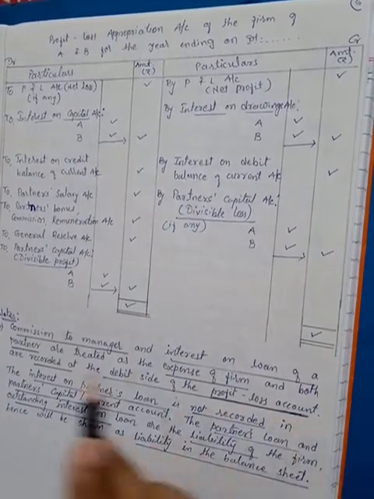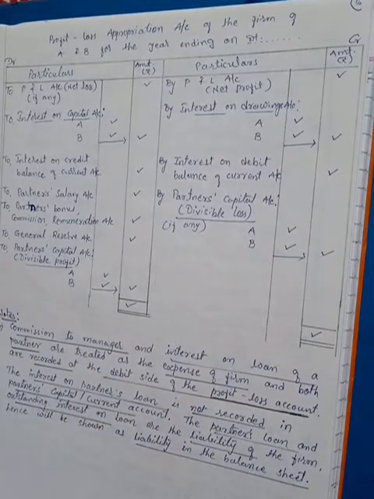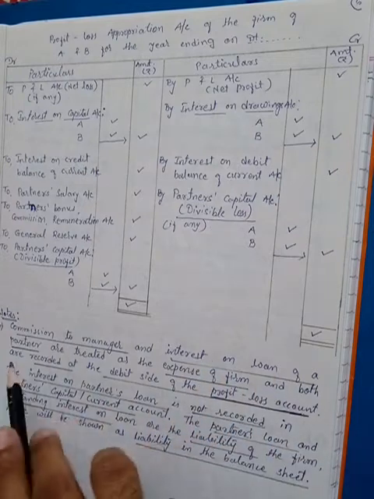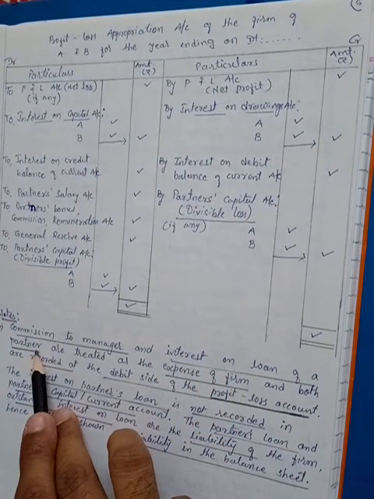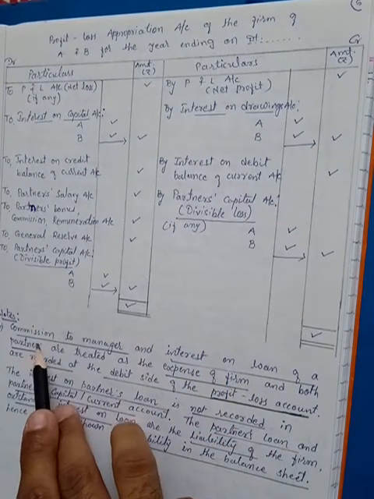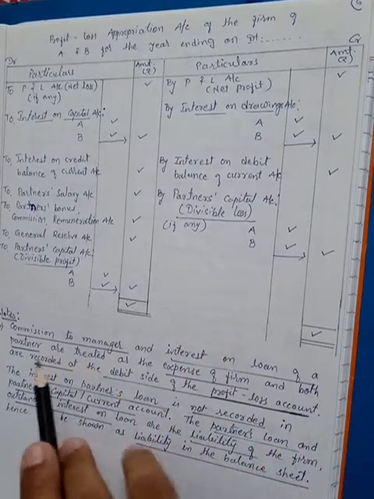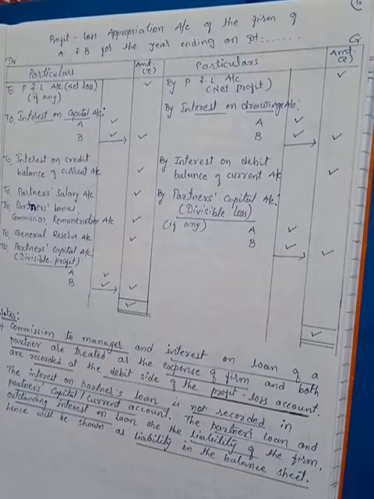Which two things? Commission to manager, not commission to partner, and interest on loan of a partner. Interest on loan is related to the partner, but both commission to manager and interest on loan of a partner are considered as business expenses of the firm, and they are recorded on the debit side of profit and loss account, not in appropriation account, remember.